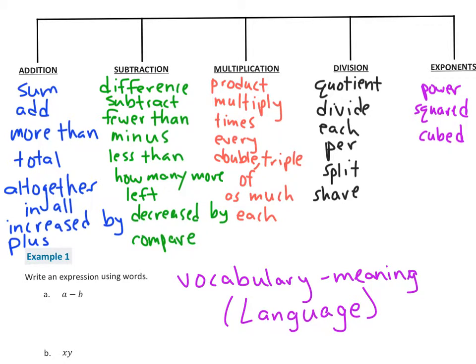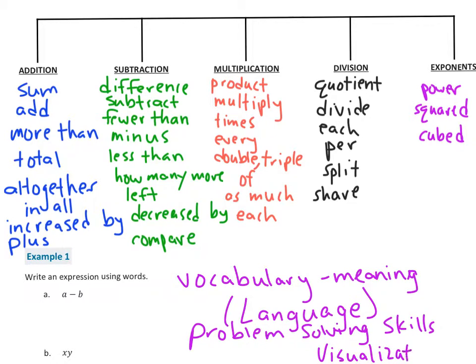And then it becomes very easy for you to use your problem-solving skills, right? And then also in problem-solving skills to use the main one, in my opinion, for math, which is visualization. So remember the importance of the language of math being a key to your problem-solving and visualization skills.